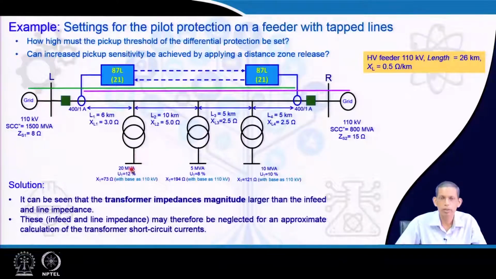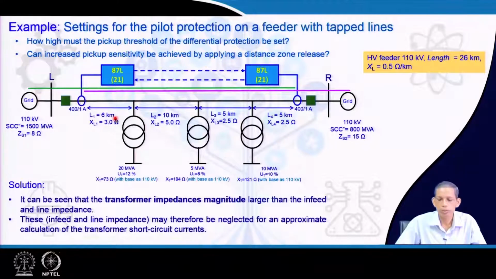So, this is 20 MVA, and the corresponding transformer impedance happens to be 73 ohm referred to the 110 kV side, the line side. This is having 194 ohm and this is having 120 ohm, all referred to the 110 kV side. So, the larger capacity transformer has 73 ohm, and this is much higher compared to the positive sequence impedance of the transmission line.